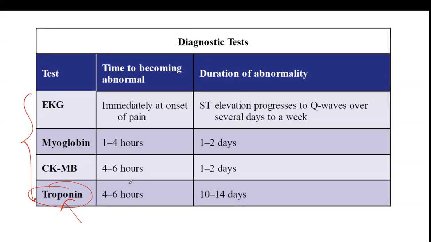Cardiac troponin, now you might think that this patient has got ST elevation MI, so the troponin will just be elevated within 1 hour. So remember, for a cardiac troponin to get elevated, it can take even 4 to 6 hours.